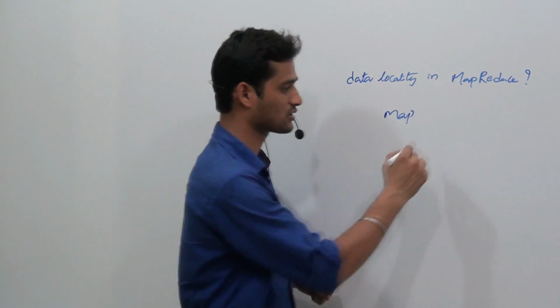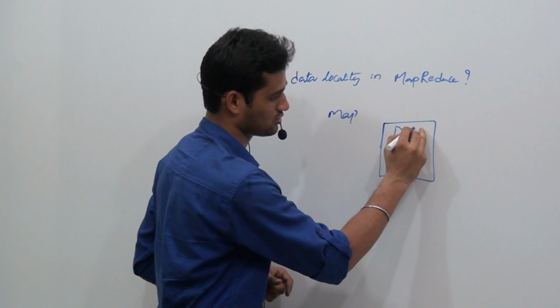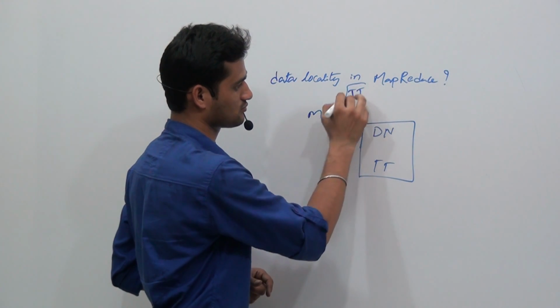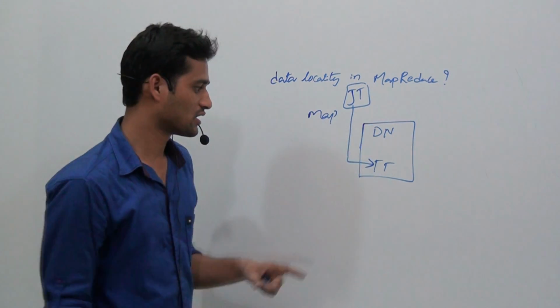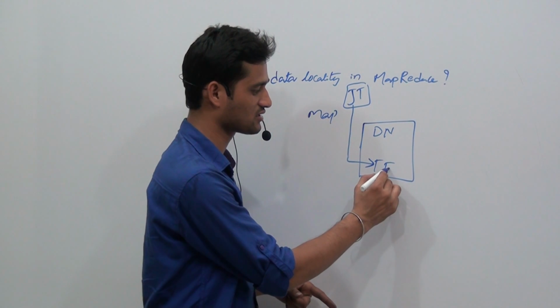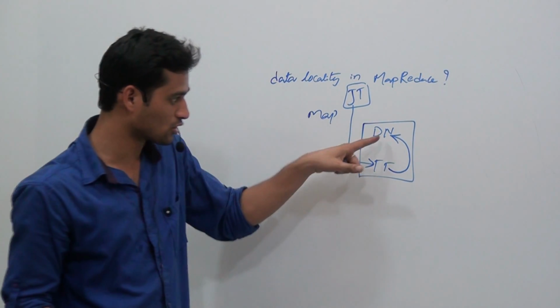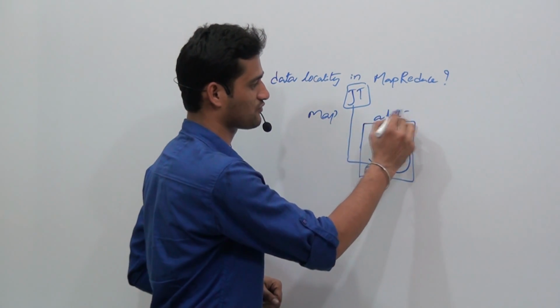So here you have a data node, here you have a task tracker, and here you have a job tracker. The job tracker assigns some task to this task tracker. The task tracker takes this request and applies that task to the data which is local to that data node. Say you have an a.txt file.